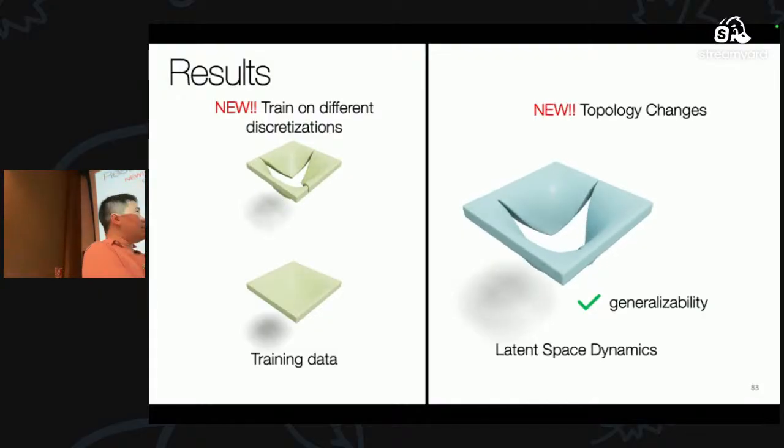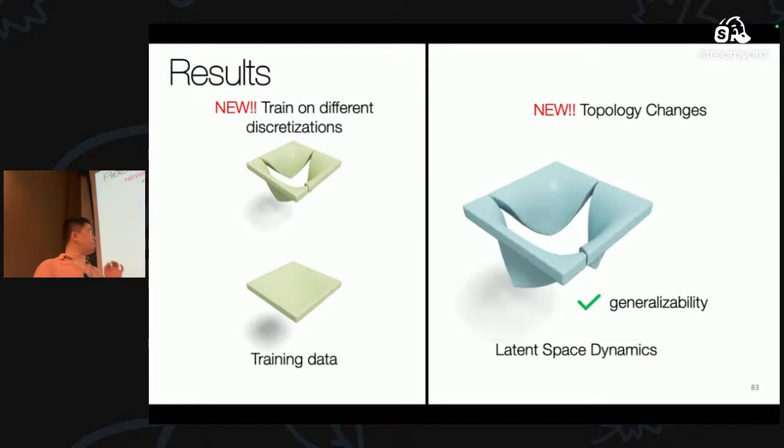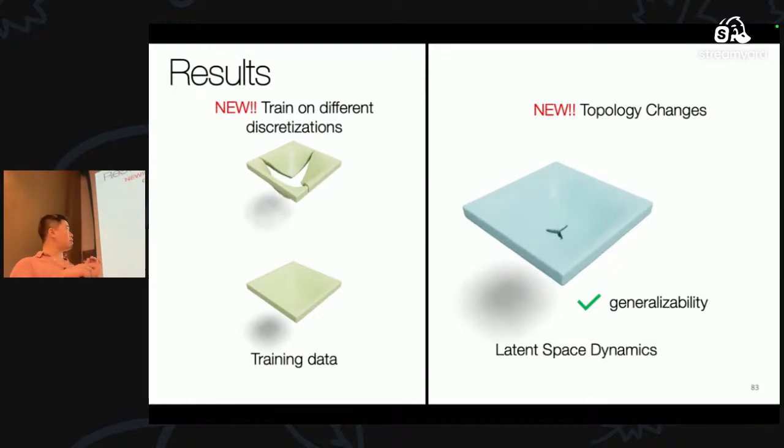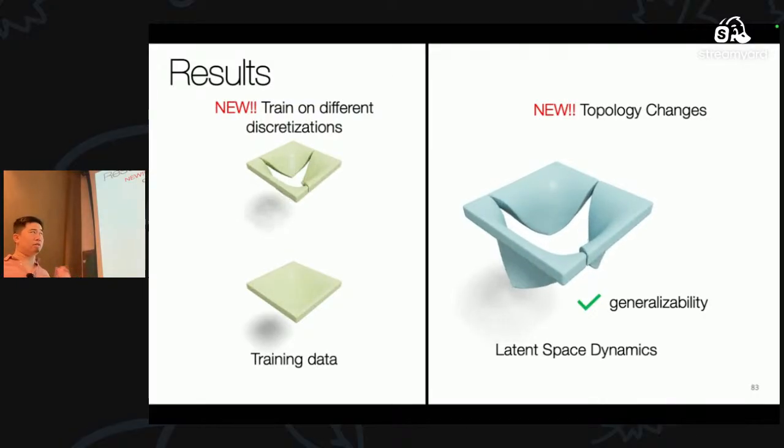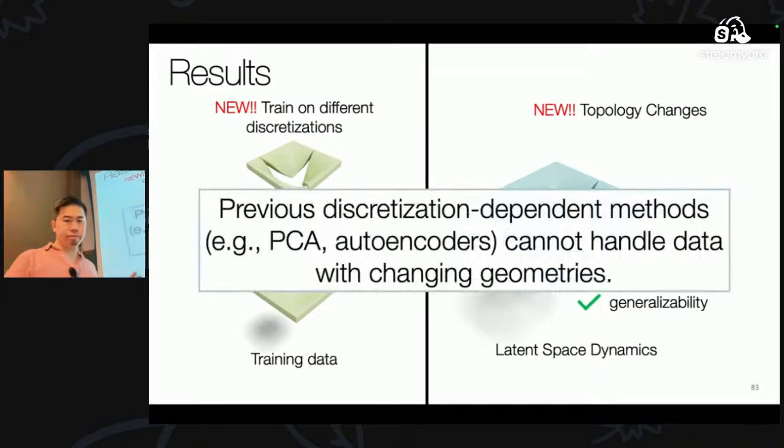Gradual cutting never appears in the training data; the training data is either cut or not cut. The reason we can generalize to this gradual cutting is that we're only asking the neural network to learn a spatial representation, and the solver takes care of simulating the physics here. Previous discretization-dependent methods, whether PCA or autoencoders, cannot handle data with changing geometries.